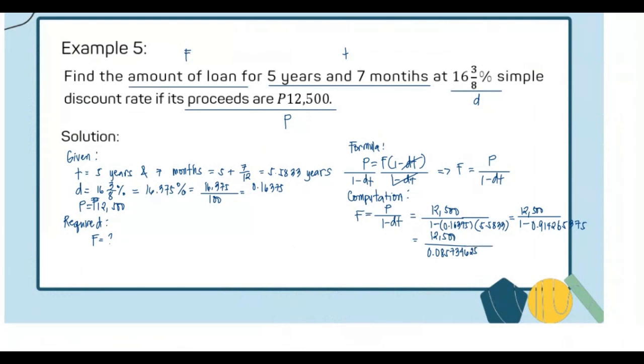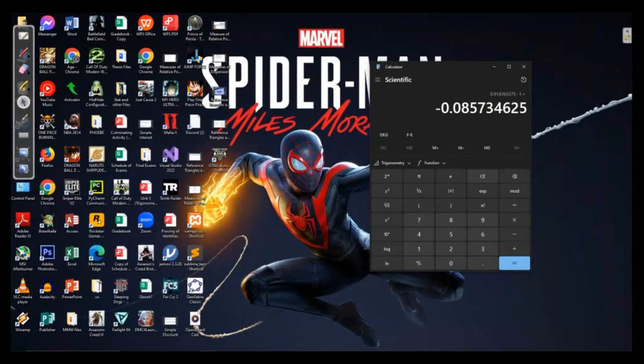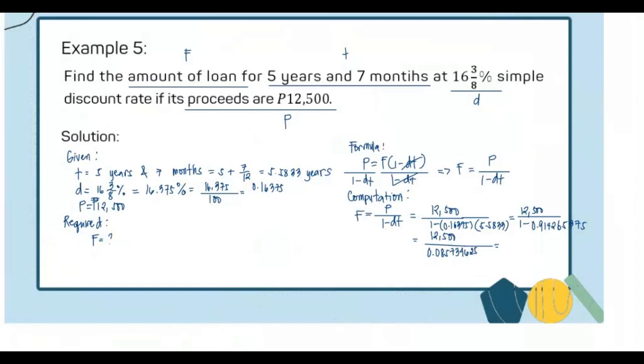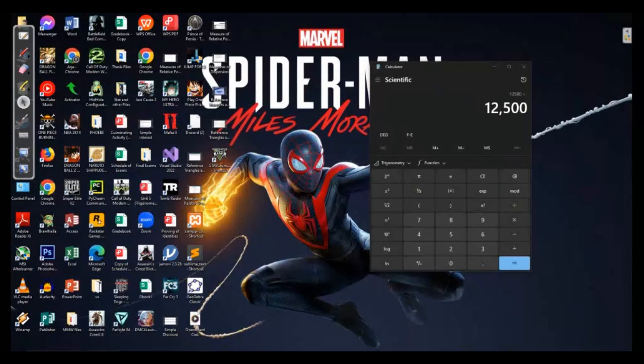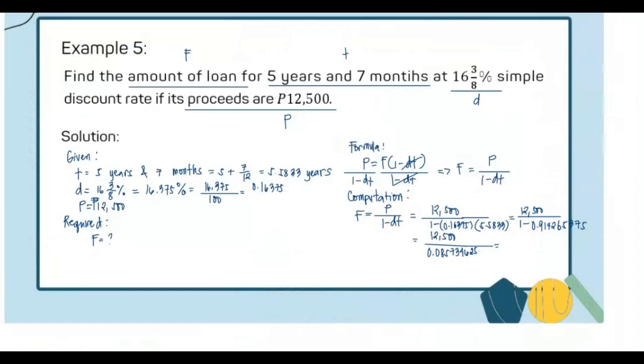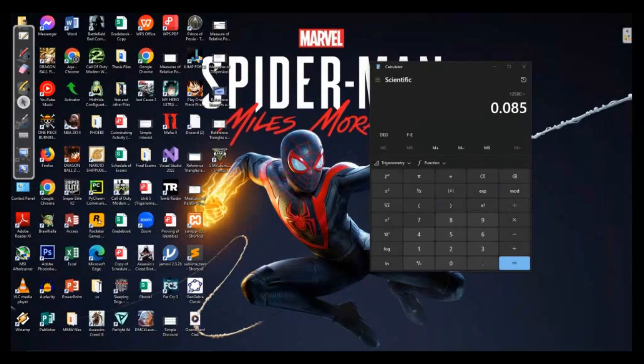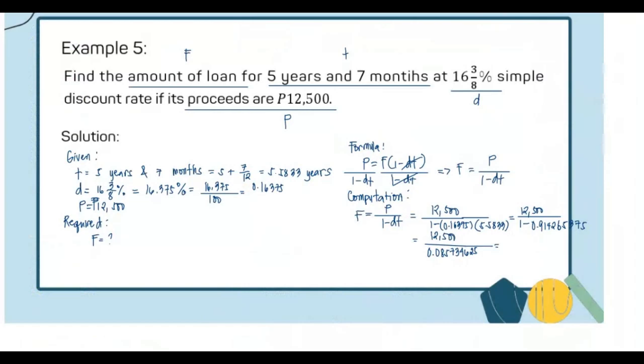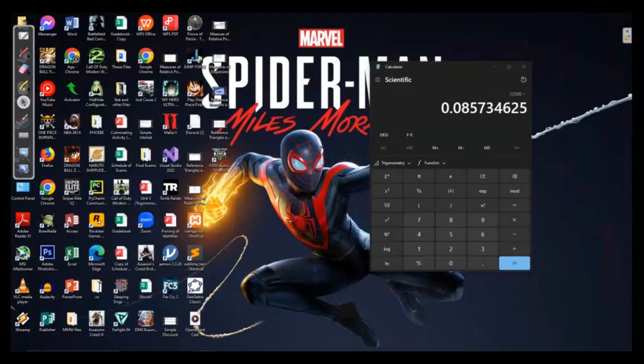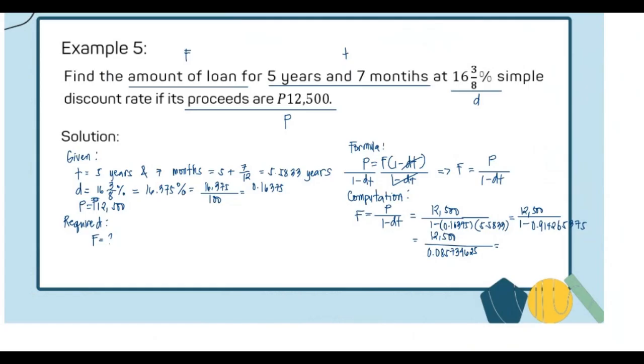And then, what is going to be the value? So, it would be 12,500 divided by 0.085734625.